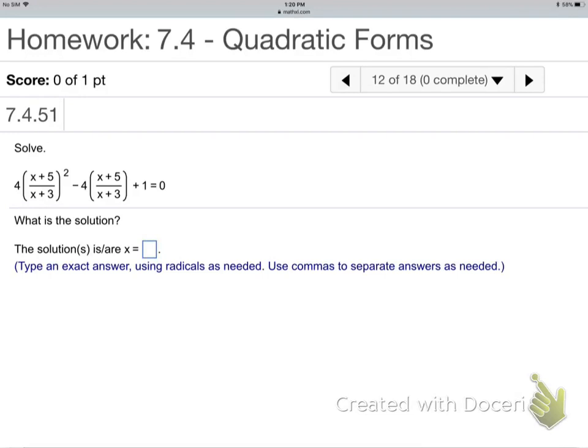Okay, let's try this one. So you see the big mess, right? U is going to replace that big messy fraction there. Go ahead and write that equation in terms of u. Solve from there.